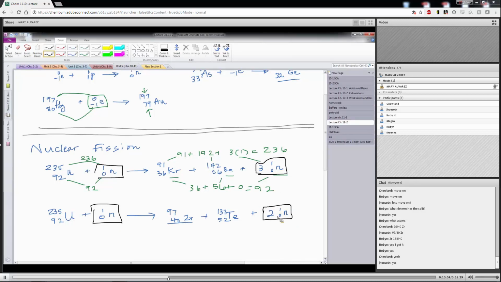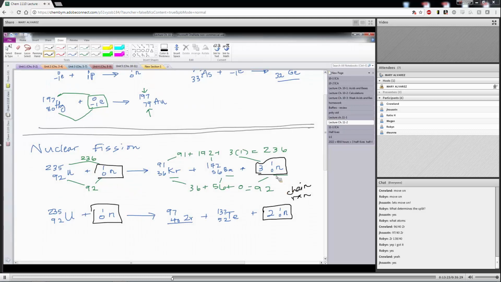I started with 1 and now I have 2. So these are also what we call chain reactions, because these neutrons are also going to hit other nearby uranium nuclei and initiate additional fission.